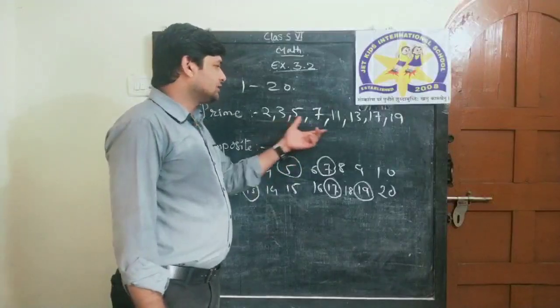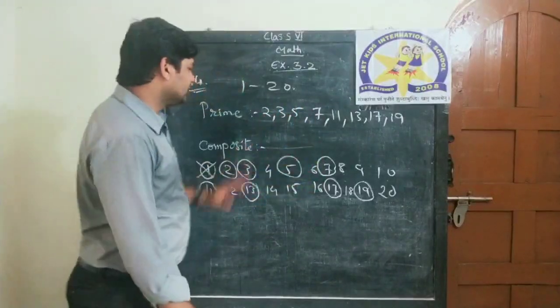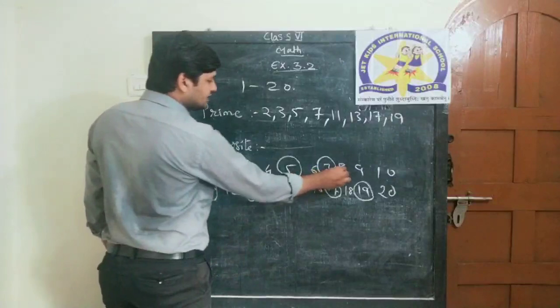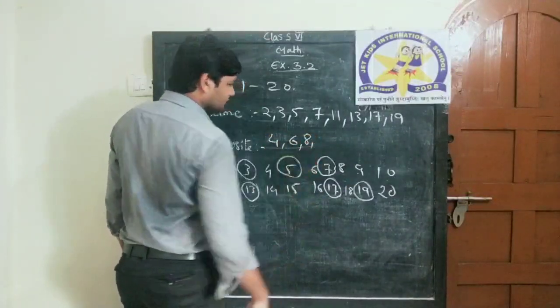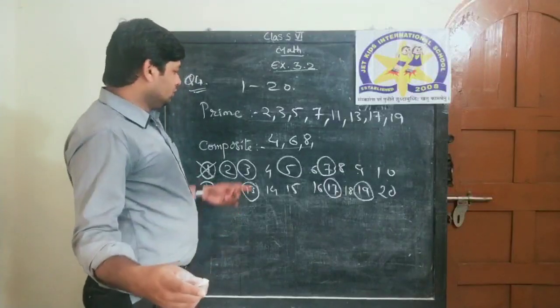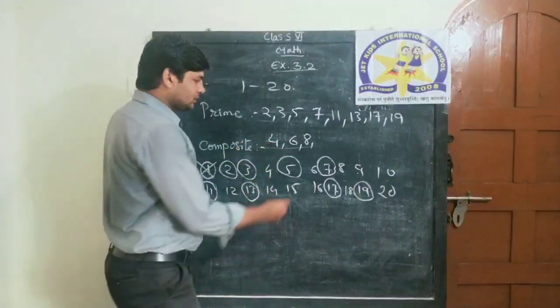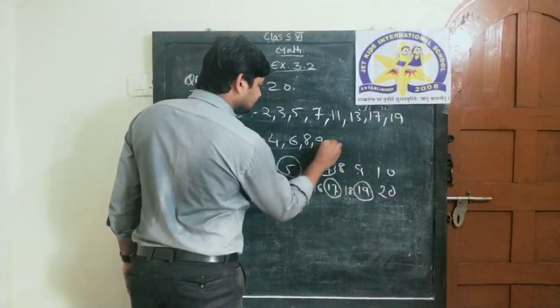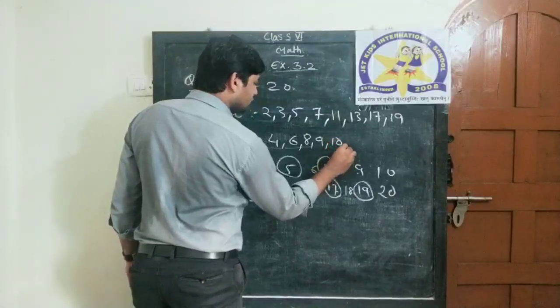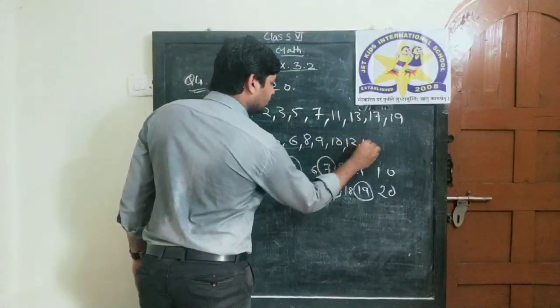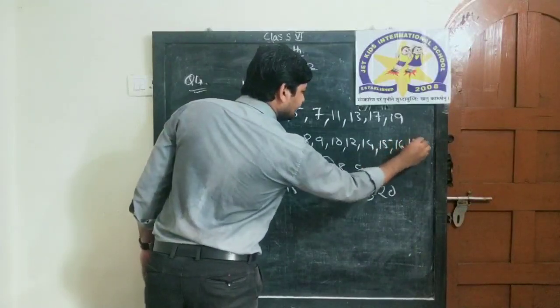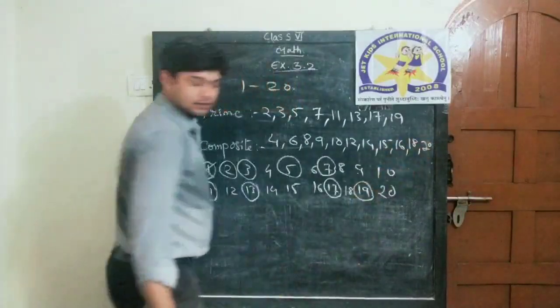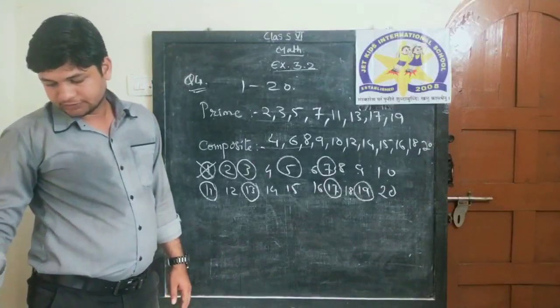The factors of these numbers are only 1 and the number itself. Now 4, 6, 8 are composite numbers, which have factors more than 2. 4, 6, 8, 9, 10, then 12, 14, 15, 16, 18 and 20. Clear? Next question.